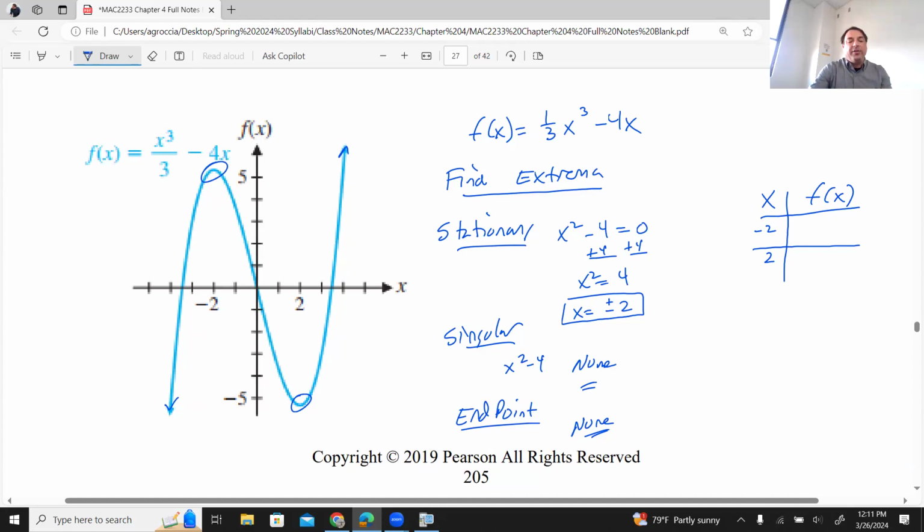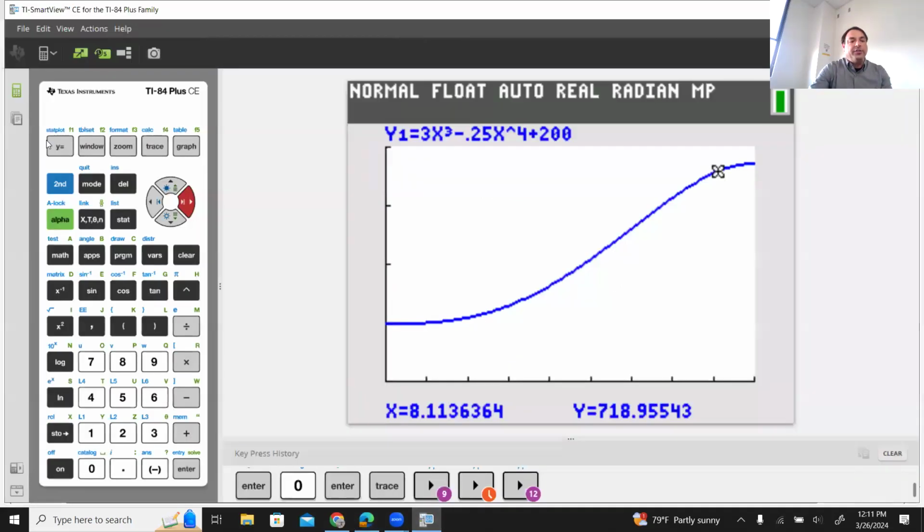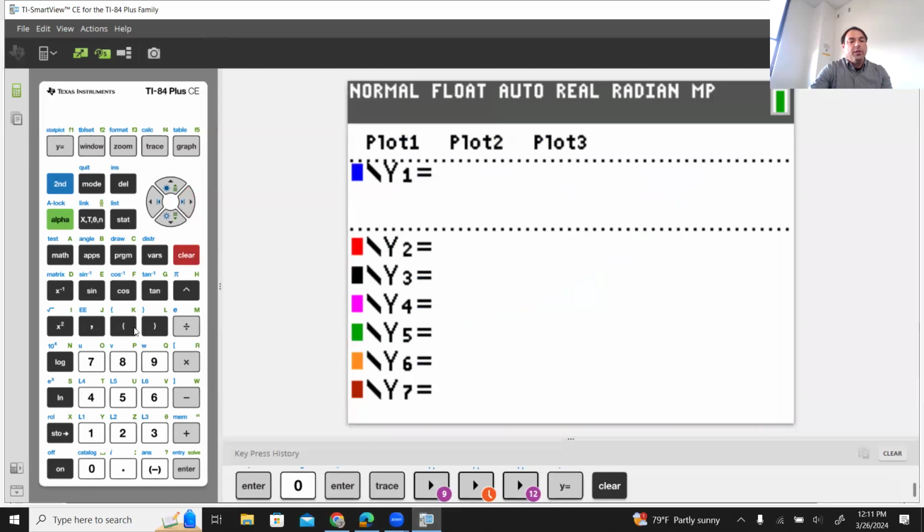Then if we go to the calculator, plug in -2 and 2, we get 1/3, and even that changing to 1/3, that's going to throw some people off.